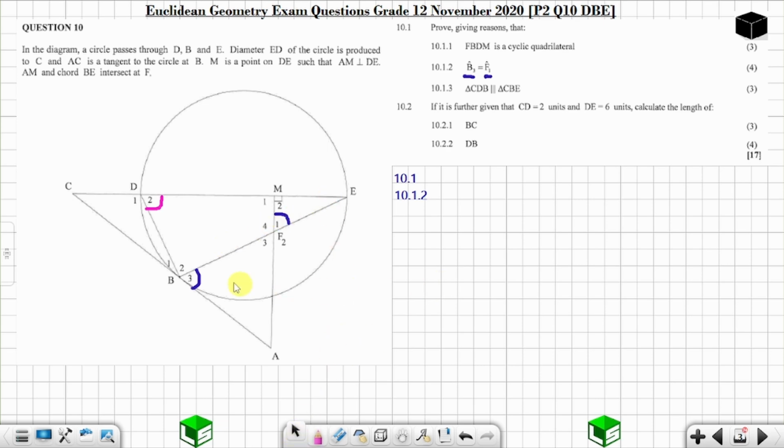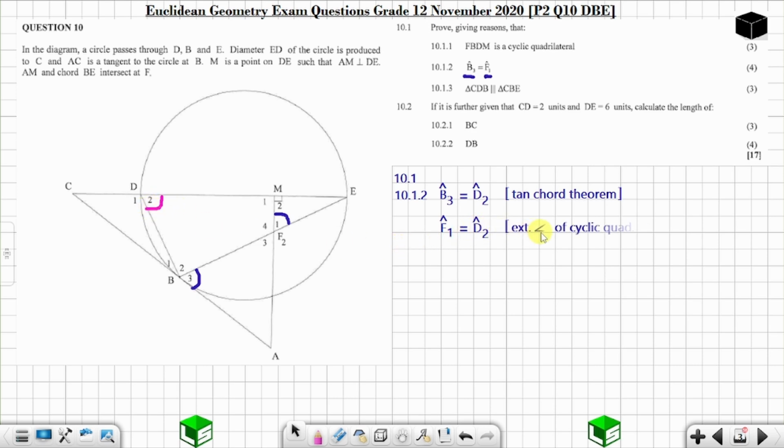So angle B3 is equal to angle D2. The reason is tangent chord theorem. You can also see angle F1 is an exterior angle of this cyclic quad FBDM. The exterior angle is equal to the interior opposite angle D2.